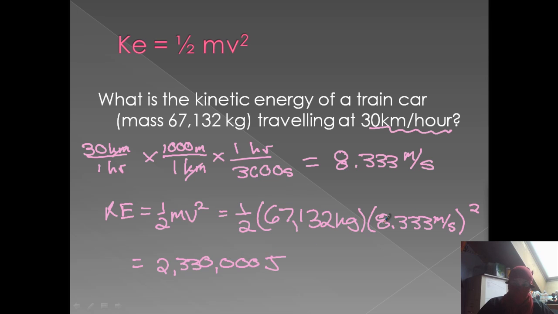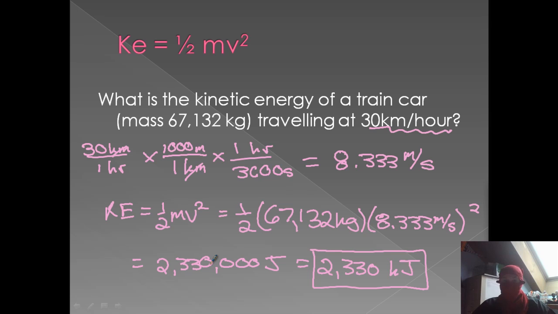So we get kilograms times meters squared over seconds squared. That's a joule. Usually when things are this huge, we use kilojoules instead. So in kilojoules, there are 1,000 joules in every kilojoule, so this becomes 2,330 kilojoules. More common to see the kilojoules when we're talking about a lot of energy. Pretty easy, 1/2 mv squared.